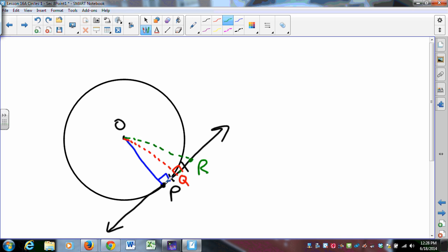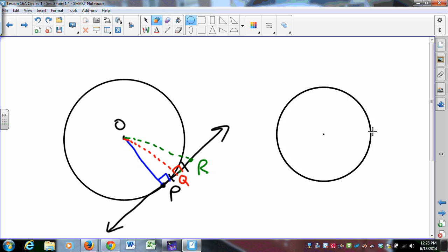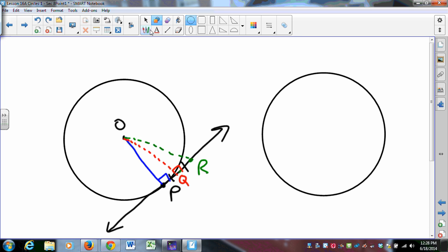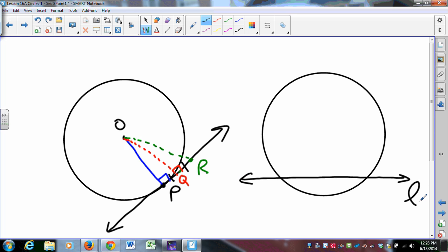The thing that you will prove when we gather deals with secants. So I take some line, L, it's a secant line. It intersects the circle at points P and Q. I claim that the center of the circle, O, has to lie on the perpendicular bisector of chord PQ.